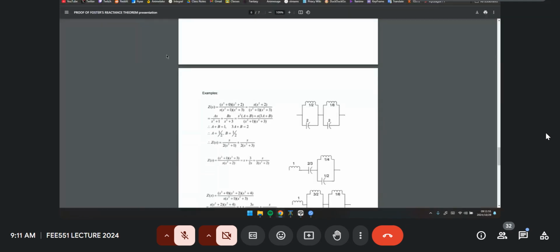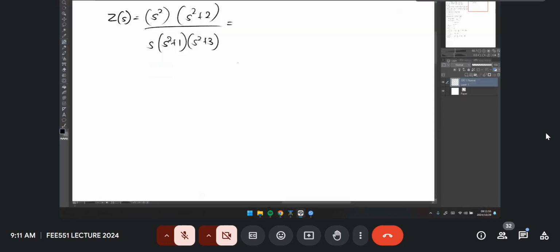Sorry, I think this should be... okay. Now when you simplify this, it will be As over s squared plus 1 plus Bs over s squared plus 3.